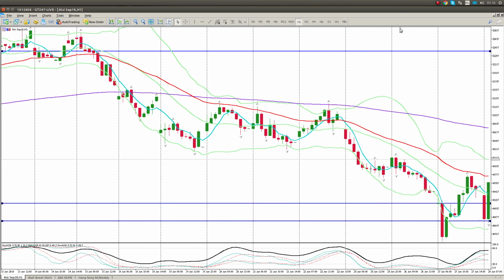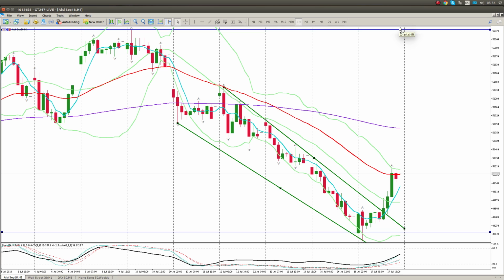Right, 1 hour. What are we going to be doing today? Obviously looking for longs. I'd like to see a bit of a pullback, and from a technical point of view, it would be lovely to see a pullback all the way back down here to test this break. I don't think we're going to get that.